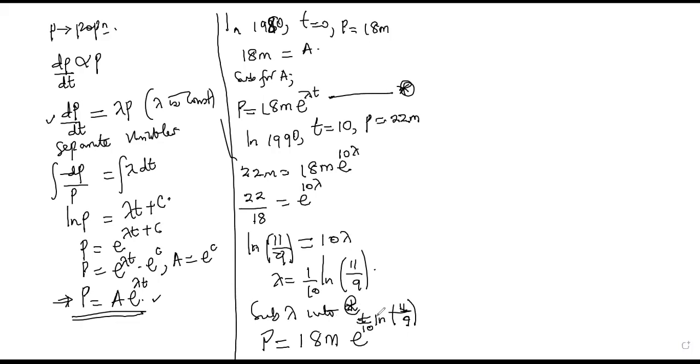I'm just substituting for that. Now, the first question wants me to find the number of people in Uganda in 2005. So we shall count from 1990 to 2005. What is the time? 1990 to 2005.